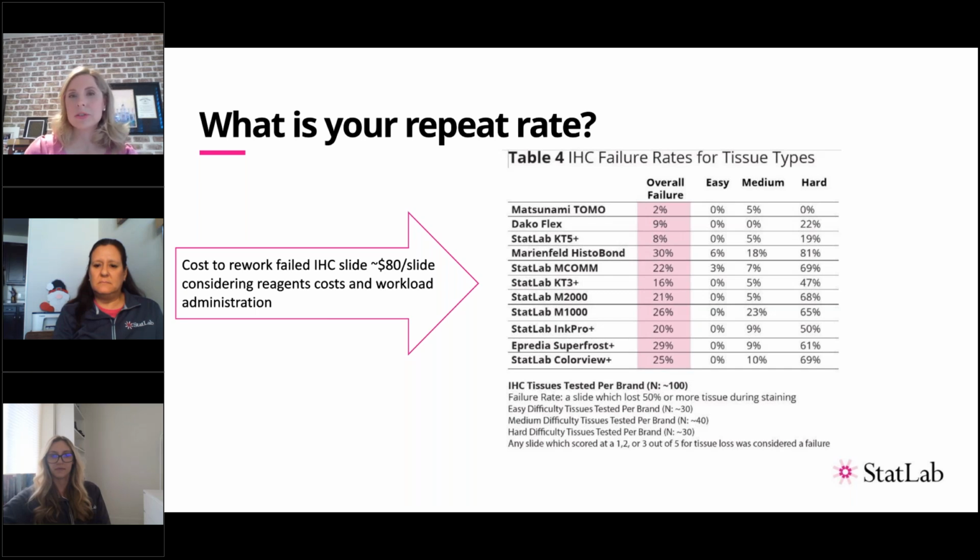This table shows our repeat rate, our failure rate on the different slides that we tested and how they compare with different tissue types. And you can see that Matsunami Tomo, the Dako Flex, the StatLab KT5 Plus had the lowest rates. That's your best bet for IHC.